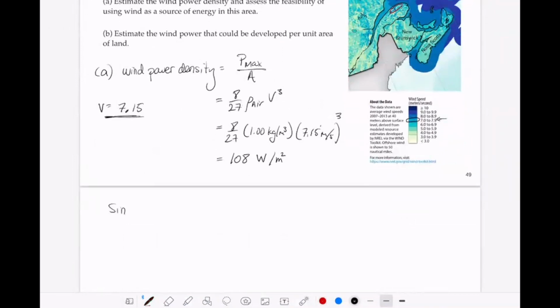So since 108 watts per meter squared is class 2, we would say it's not feasible.